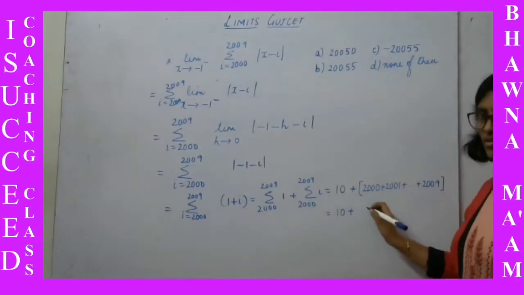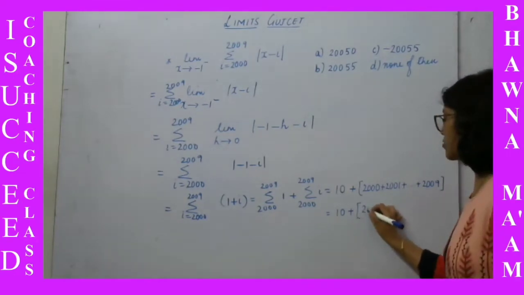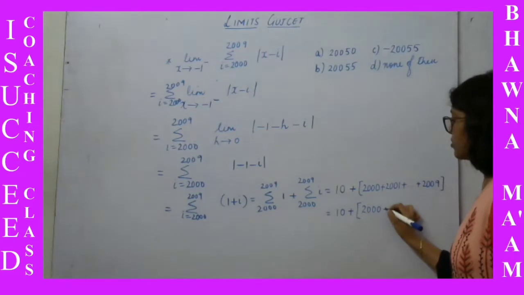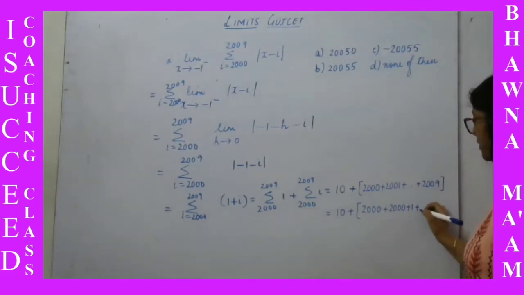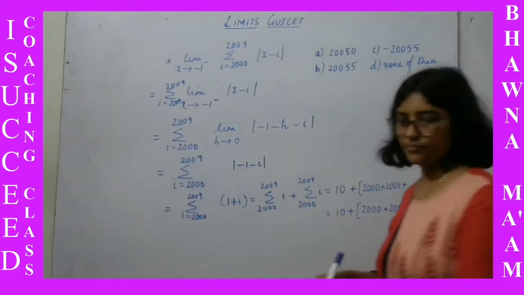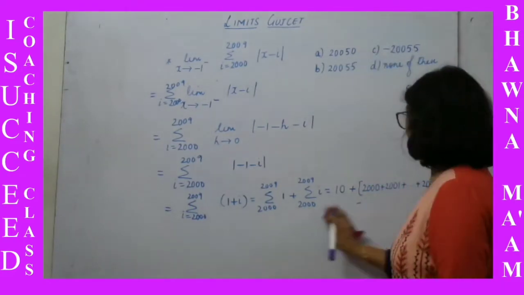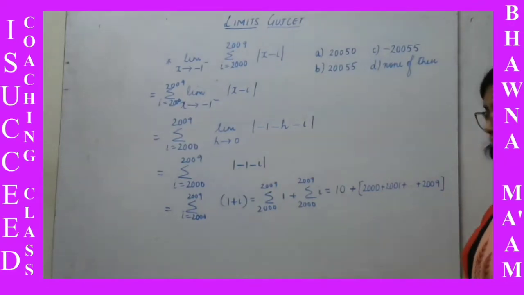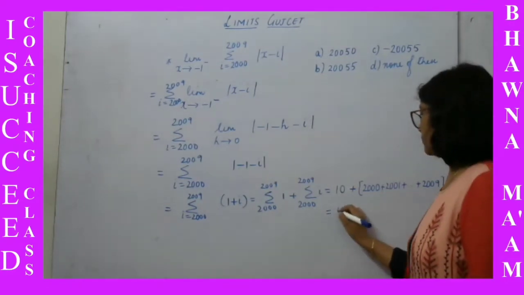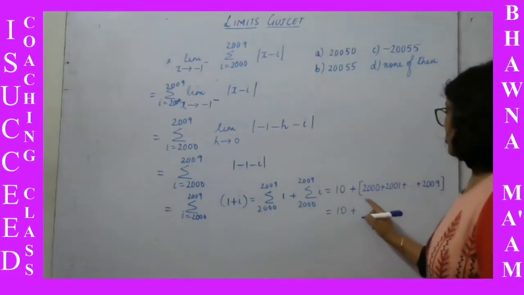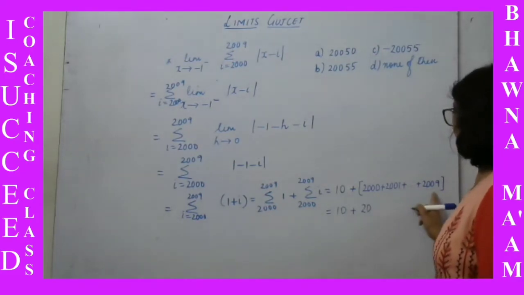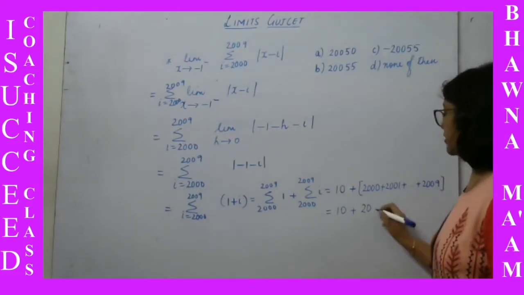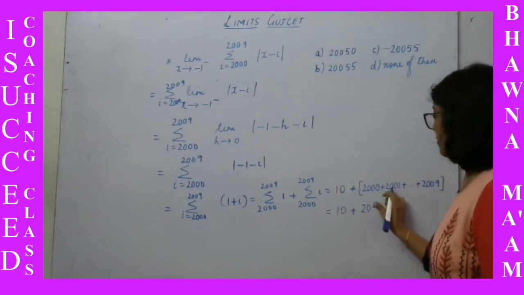You can do it in this way, like we can write this is 2000 and this is 2000 plus 1 and so on, or we can simply add it. So this calculation will be 2000 and calculate for 5.